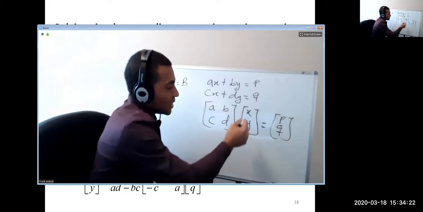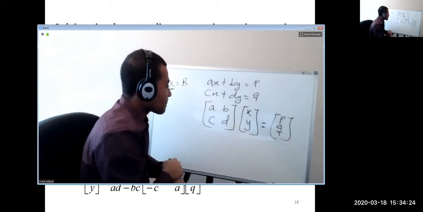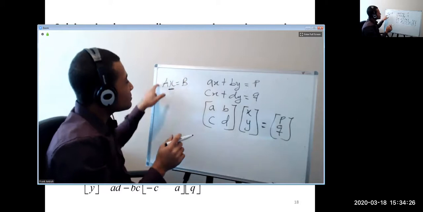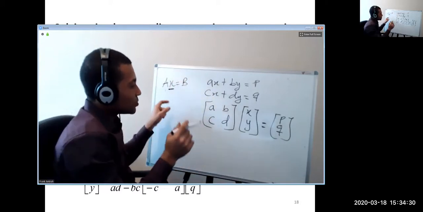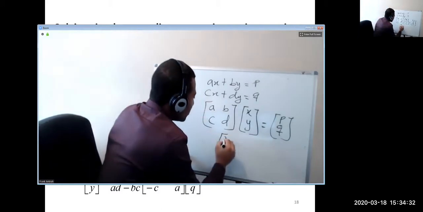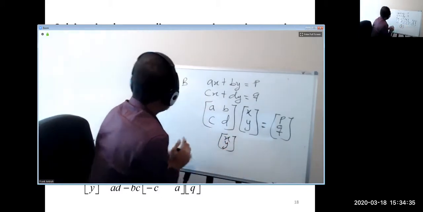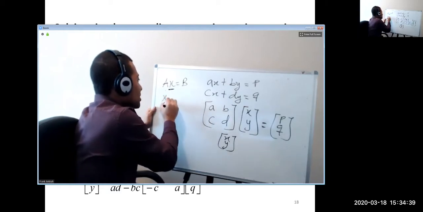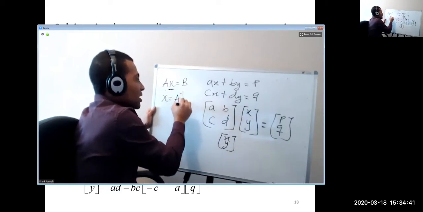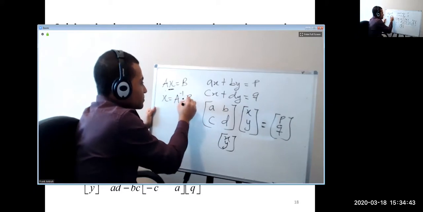We are trying to find the x and y variables. How do we find them? We're using the same concept from how we made x the subject here. We're saying that x, y here is just like x. If you remember, we had our final solution to be x equals inverse of a dot b.